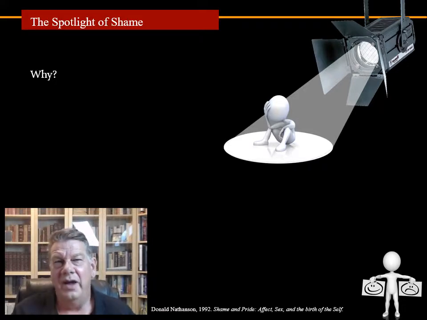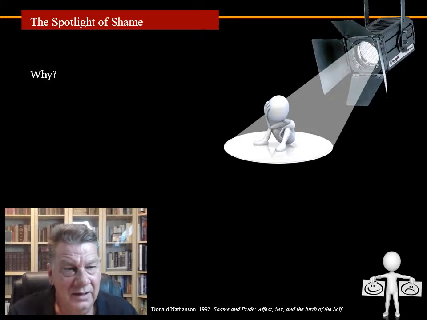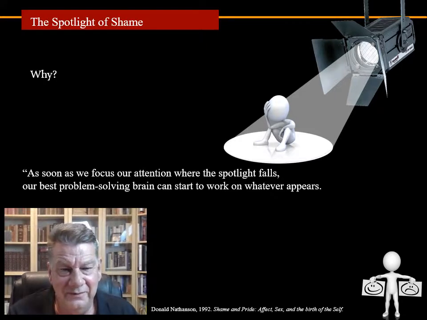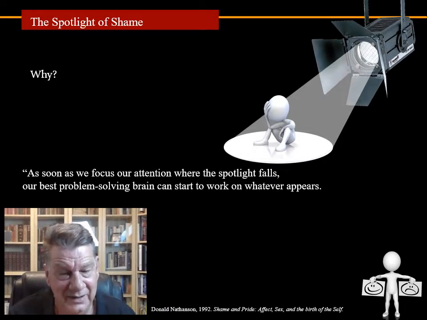So why have we developed shame, humiliation as an affect? Well, it's fairly straightforward. Nathanson points out that as soon as the spotlight of shame goes on, remember the image of the crowded stage, it alerts us to the fact that there's an impediment, there's something wrong, there's a loss of positive affect.